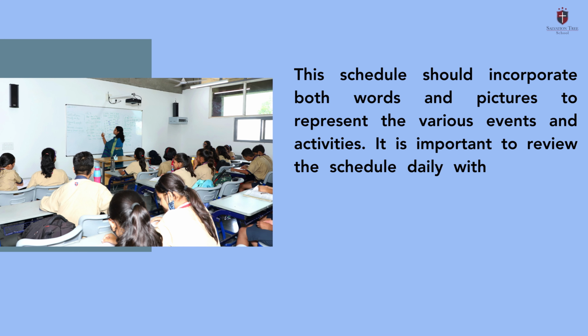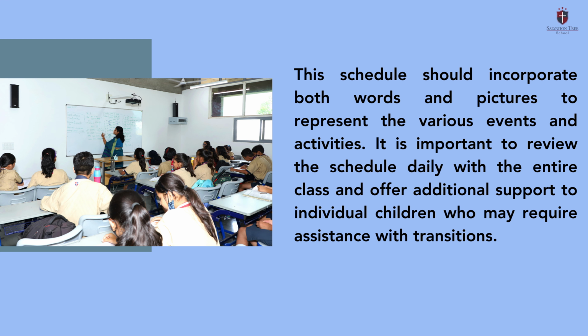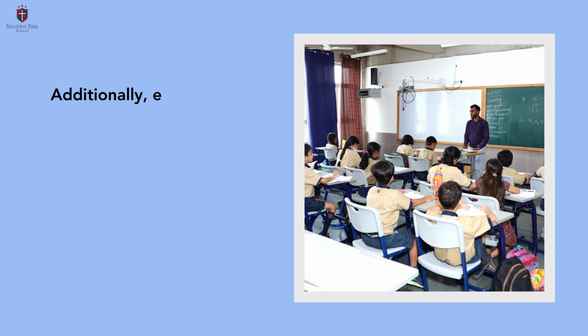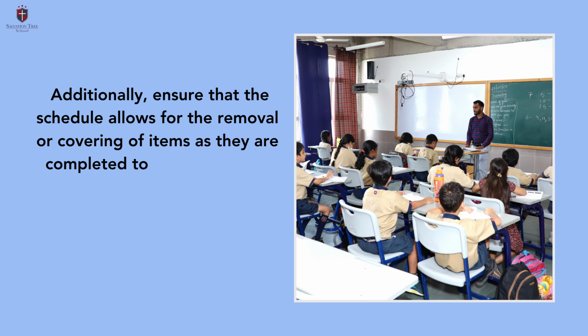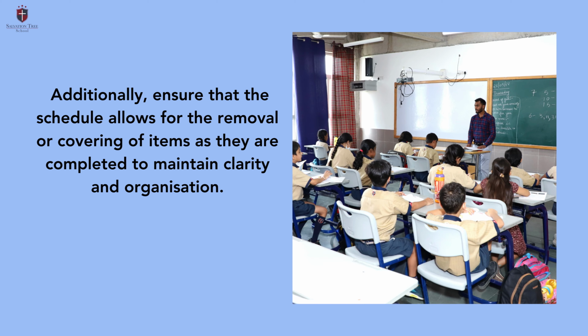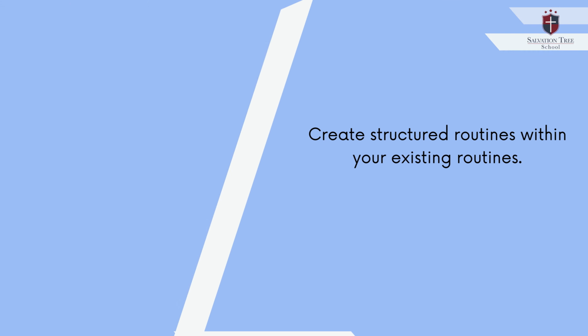It is important to review the schedule daily with the entire class and offer additional support to individual children who may require assistance with transitions. Additionally, ensure that the schedule allows for the removal or covering of items as they are completed to maintain clarity and organization.